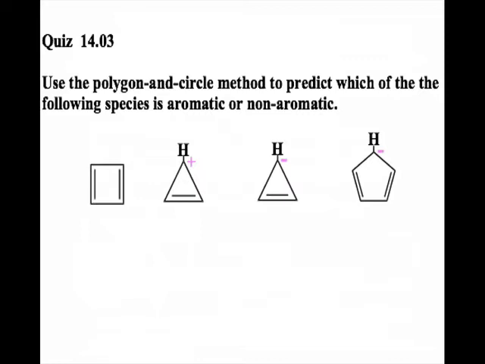So we have an aromatic system. And in fact, this is the simplest aromatic system you can draw with 2 pi electrons, which is the bonus thing that you were supposed to come up with for today. It's the easiest way to come up with an aromatic system with 2 pi electrons.